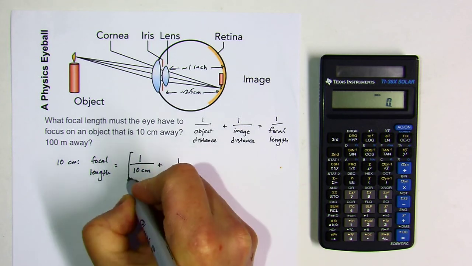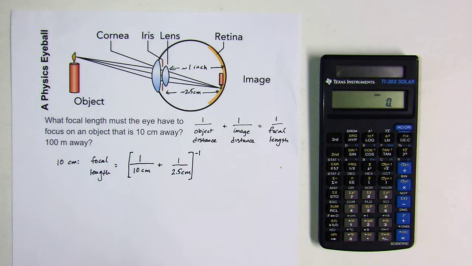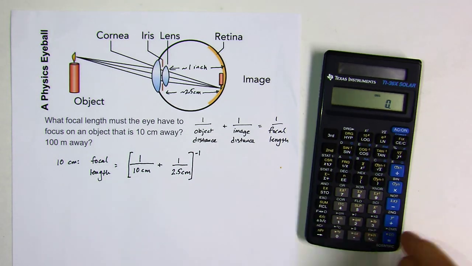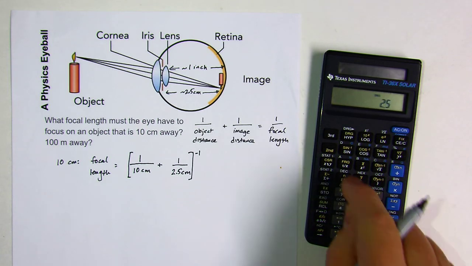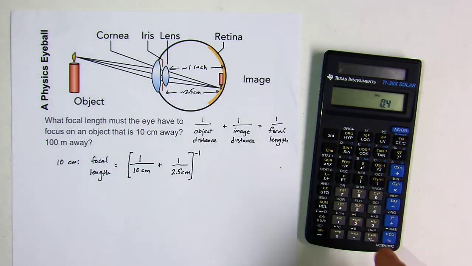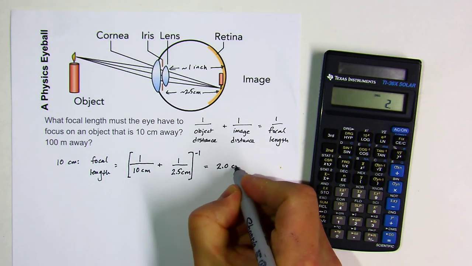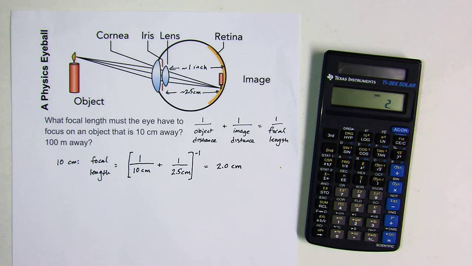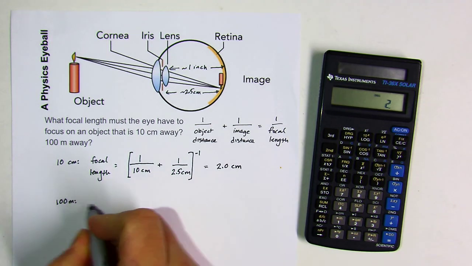And then, to get the math right, I have to take the inverse of all of that. So, let's see, 1 over 10 plus 1 over 2.5. Little inverse button on the calculator is very helpful in doing these problems. And then I take the inverse of all that, and that ends up being 2.0 centimeters.